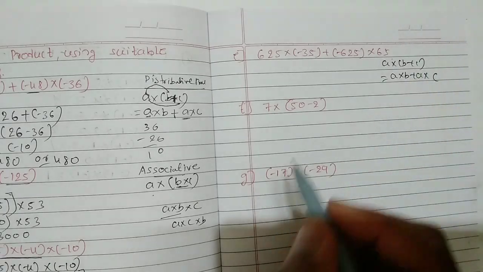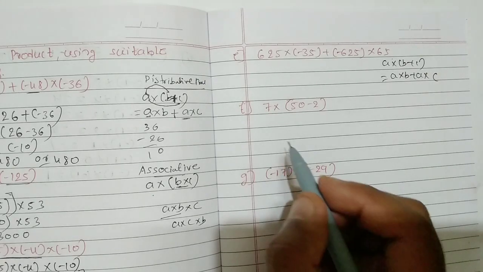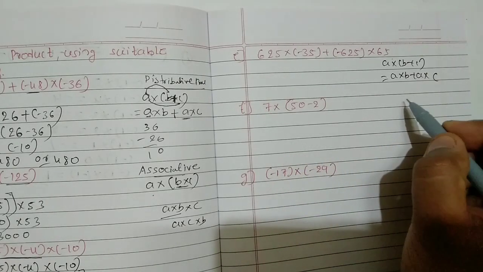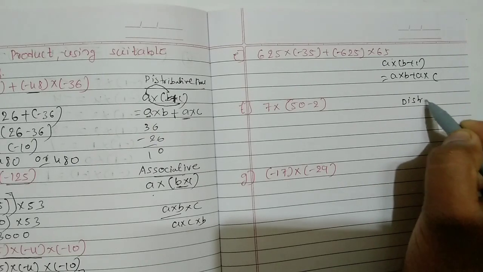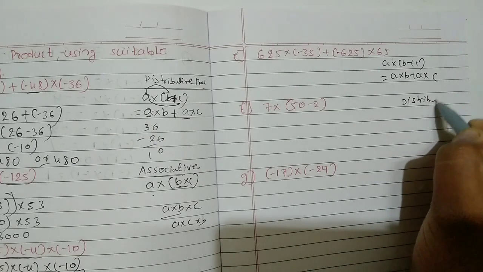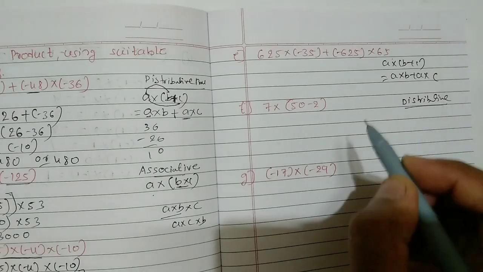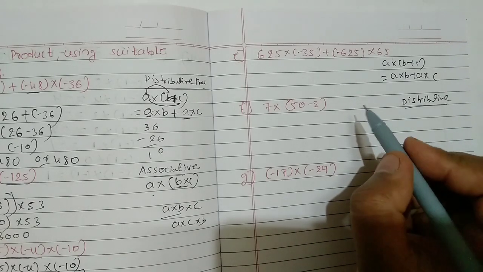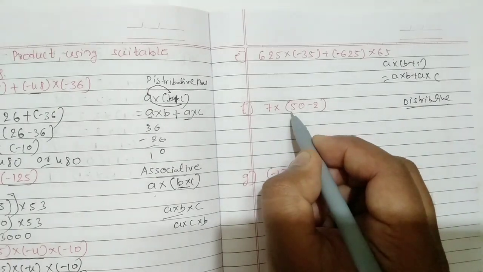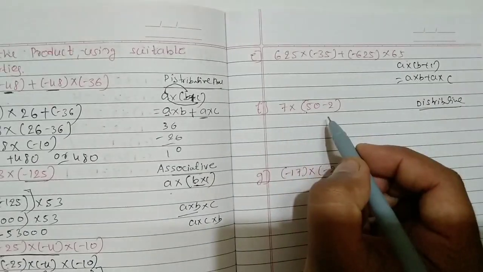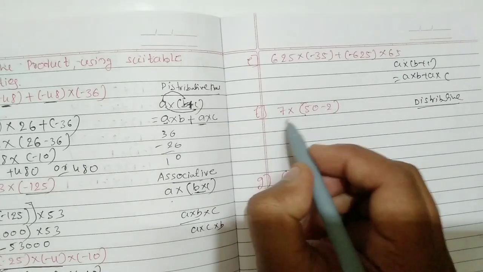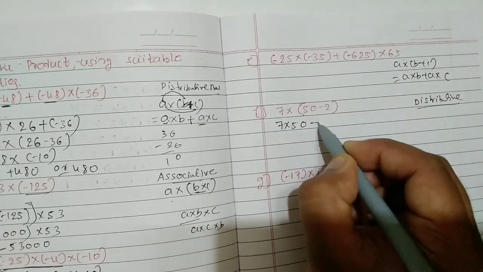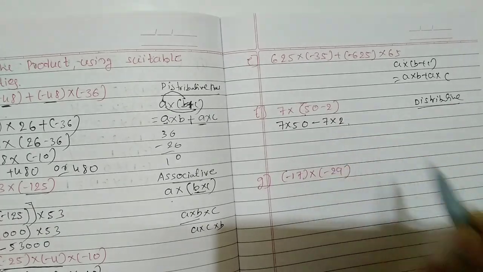So next is 7 into 50 minus 2. So 7 into 50 minus 2 is also under the distributive property. So we can write 7 into 50 minus 2. I will take these groups first, 7 into 50, right? Then minus 7 into 2, like that.